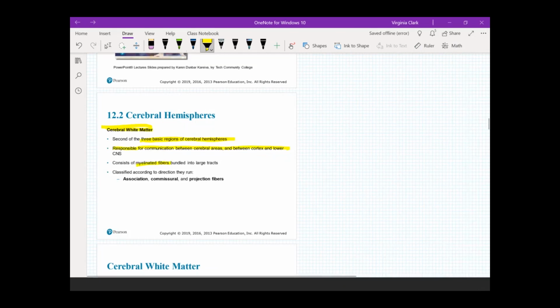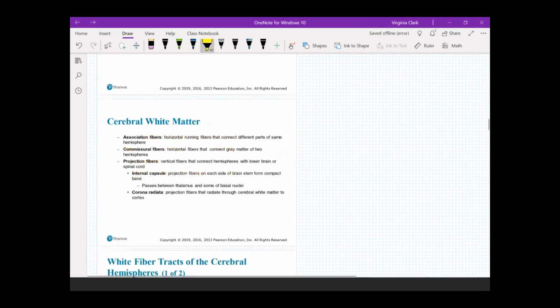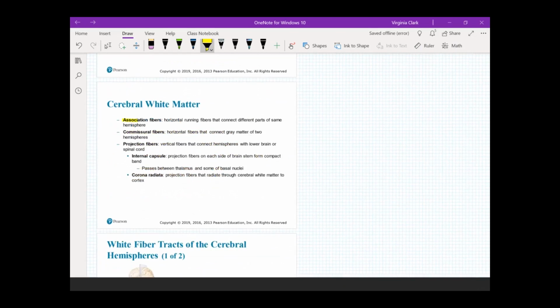These fibers are going to be classified based on the direction that they run. So there's association, commissural, and projection. First off, the fibers are classified by the direction of the fiber. There are 3 directions the fibers can go.